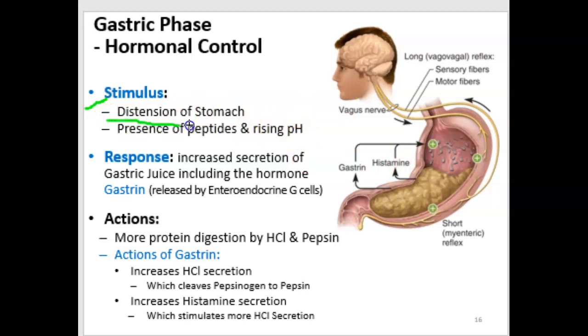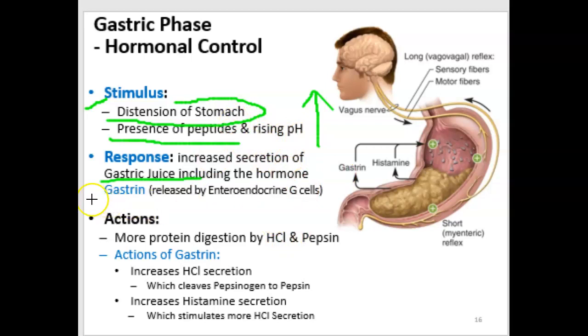The stomach will distend, and that will help stimulate them, but what really stimulates them is the presence of peptides and the high pH of the food bolus. Before food entered the stomach, it still had a pretty low pH, but as soon as the food bolus enters the stomach, now the pH goes up. And so the response will be overall increased secretion of gastric juice because we need to break down the peptides that just arrived.